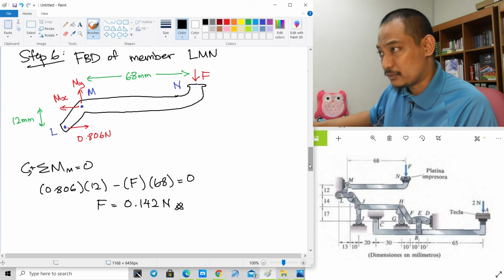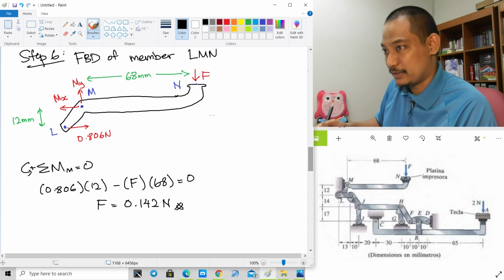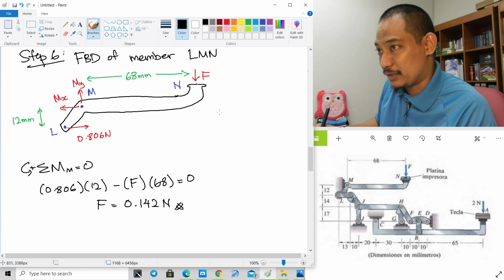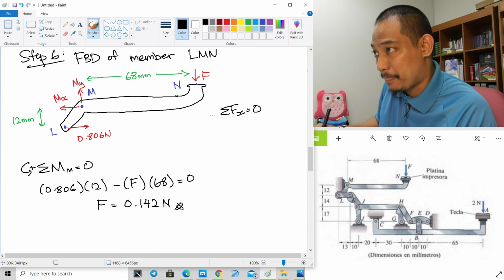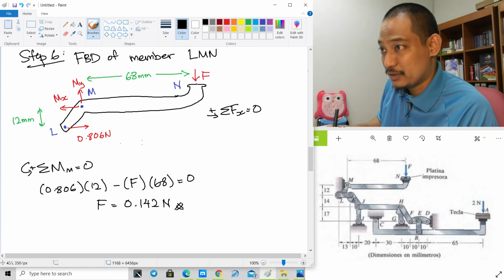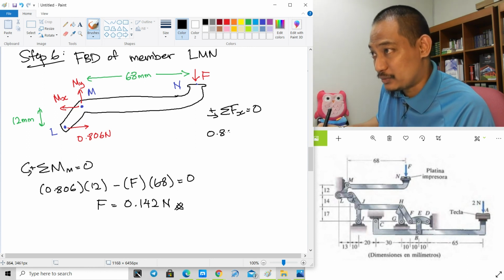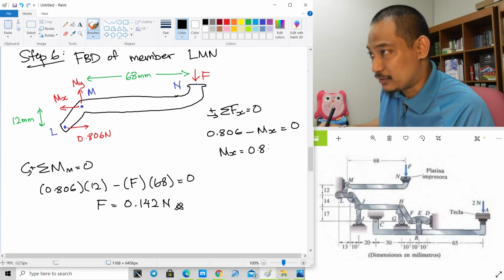I'll use the side here, because we already determined that one. So if you do summation of Fx equal to 0, to the right as positive, you'll get 0.806 minus Mx equal to 0. So it's straightforward. Mx equal to 0.806 Newton.